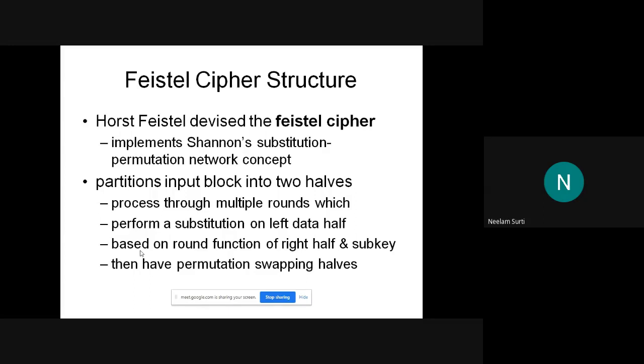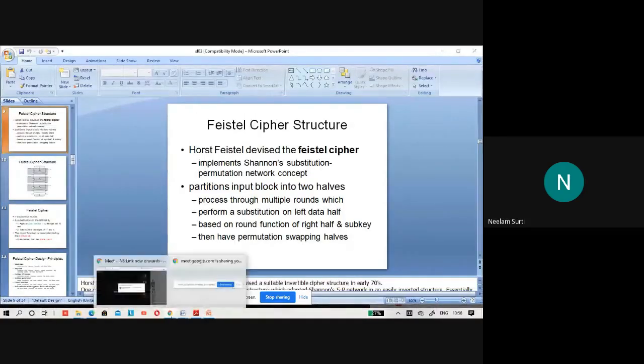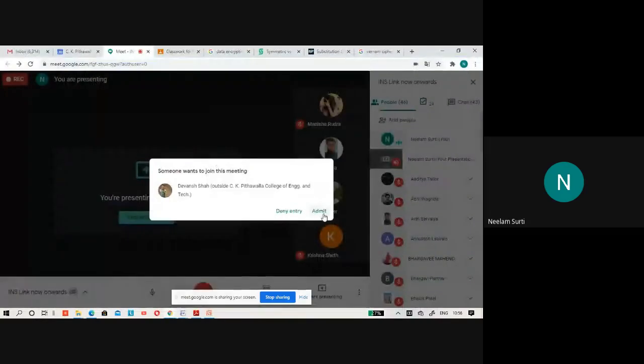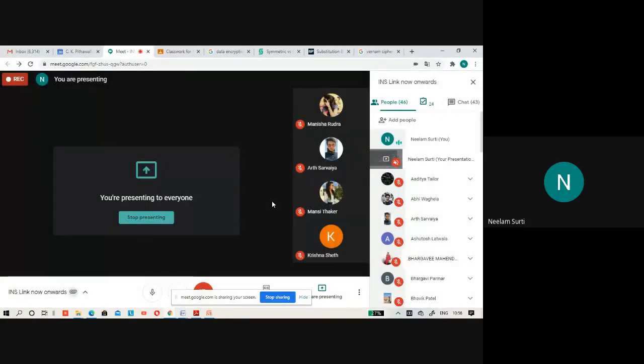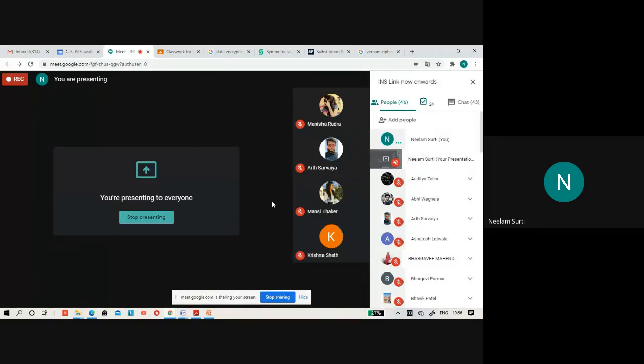The Feistel structure, a standard structure adopted by all modern ciphers, how is it working? As Shannon specified, it works on the SP network. SP signifies that you have the substitution property and the permutation property.